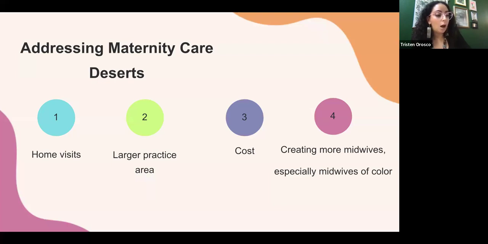Number 3, cost is significantly lower in comparison to a hospital birth. We offer sliding scale, payment plans, various options. Now, insurance is kind of a hot topic in midwifery right now. Many do not accept insurance because of various reasons.